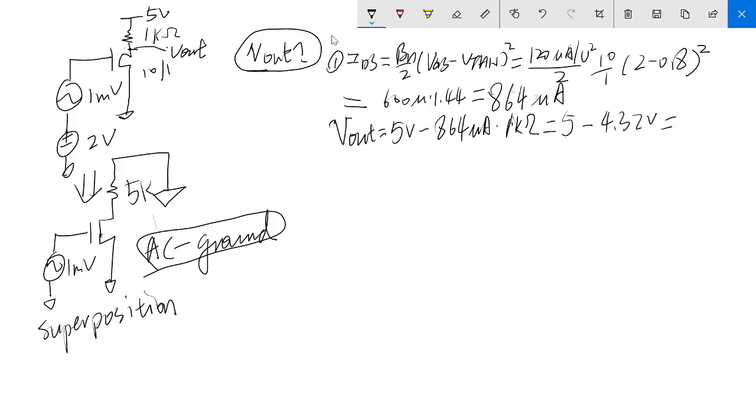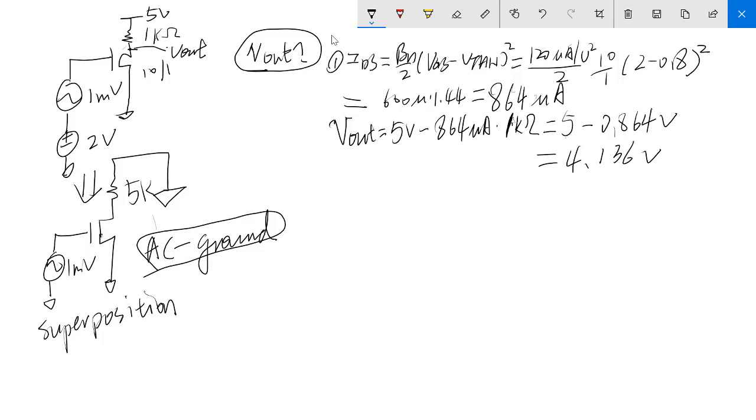And that will be 5 volts minus 0.864 volts, and that's 4.136 volts for V out.